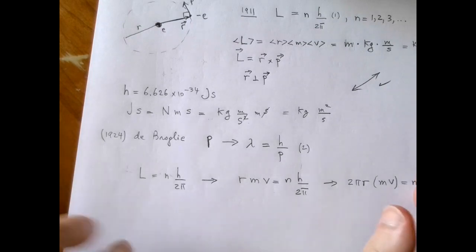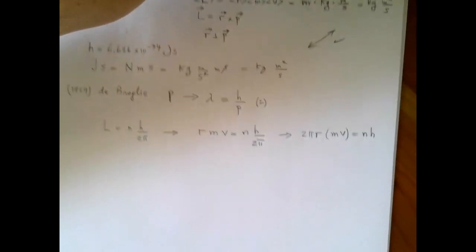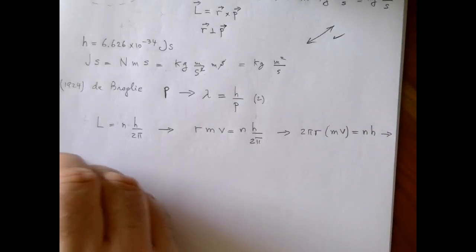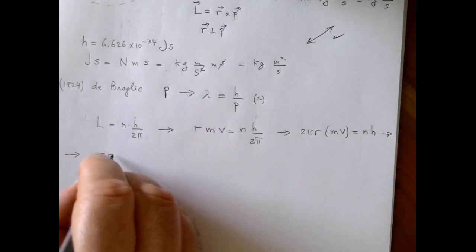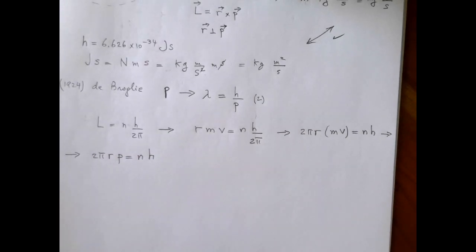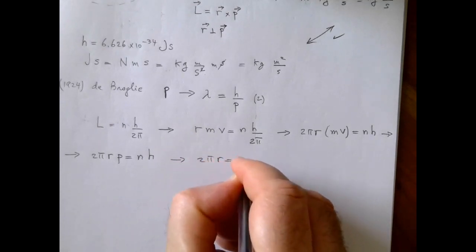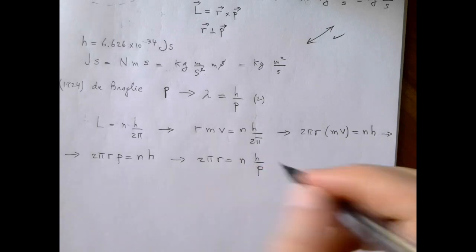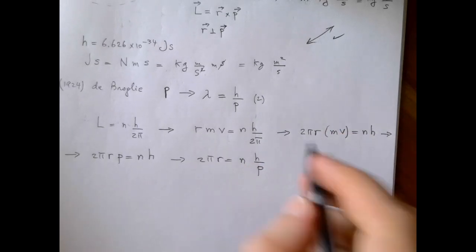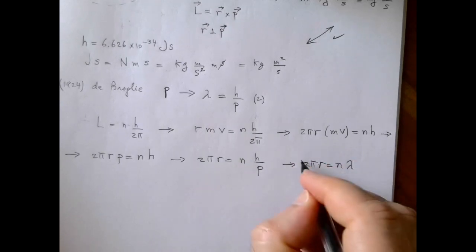I'm using this parenthesis here for mv just to emphasize the fact that I want to isolate mv, which is obviously the momentum. So 2 pi r p is equal to nh, or 2 pi r is equal to nh over p, but h over p is precisely lambda. So I can say 2 pi r is equal to n lambda.